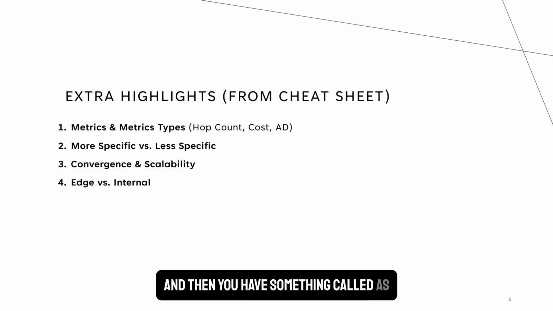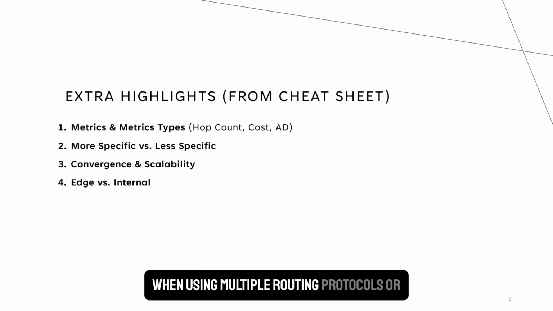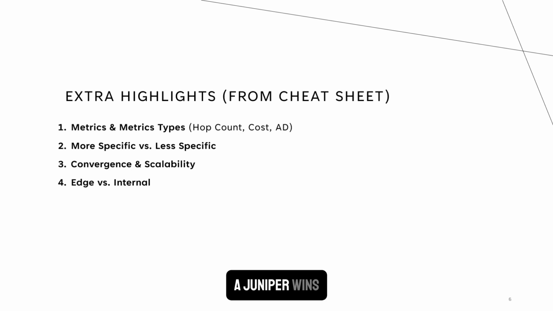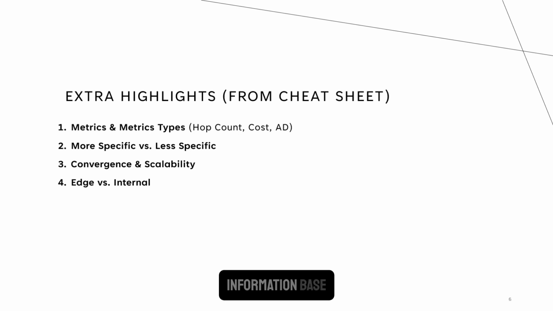And then you have something called administrative distance, which you can think of as a tiebreaker mechanism when using multiple routing protocols or static routes that offer the same route. In the case of Cisco, the lower distance wins, or a preference in the case of Juniper, and that one goes into the forwarding information base.